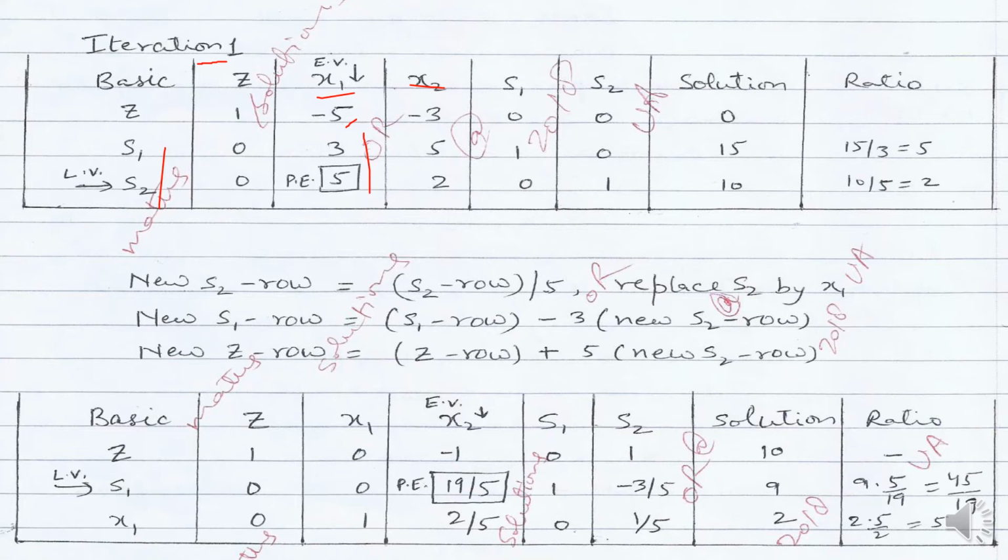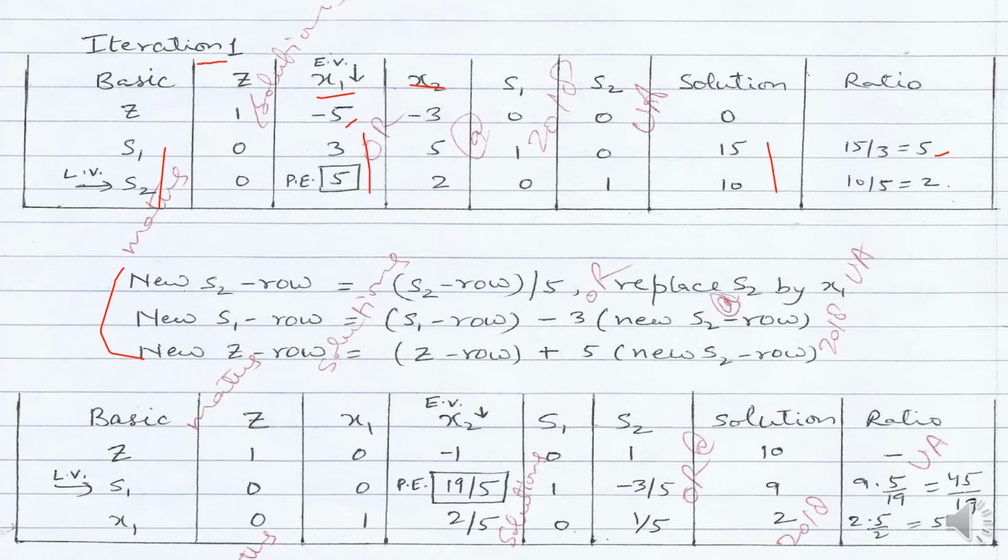Now for finding the leaving variable, we use the elements of solution column and divide elements of solution column by corresponding elements of pivot column. So we get the ratio as 5 and 2. 2 is minimum, so corresponding variable s2 is the leaving variable. Now for further calculation, we do these calculations with the help of these formulas.